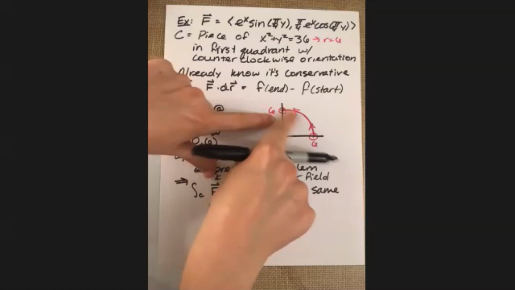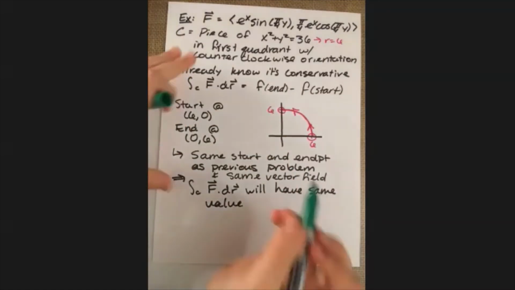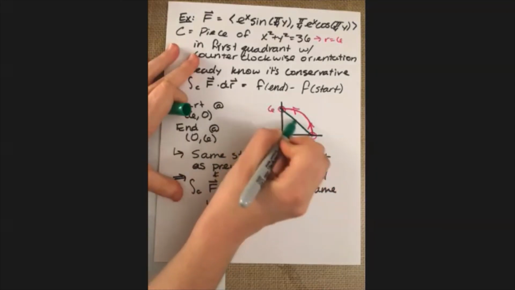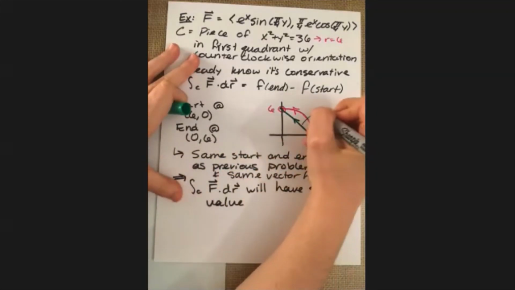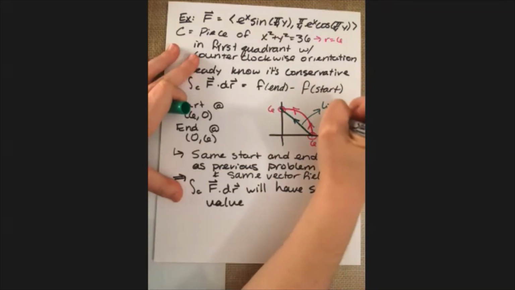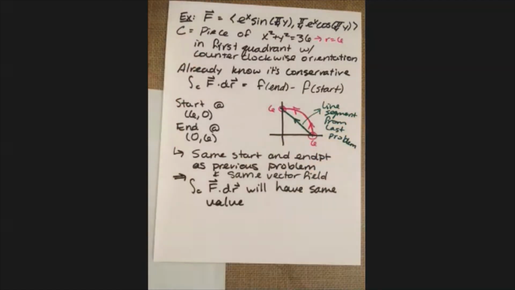I don't care if I'm doing a curve like this, or if, like in the previous problem, I have a line segment that looks more like this. This was what we worked with last time. Either way, we get the same answer because we have a conservative vector field.